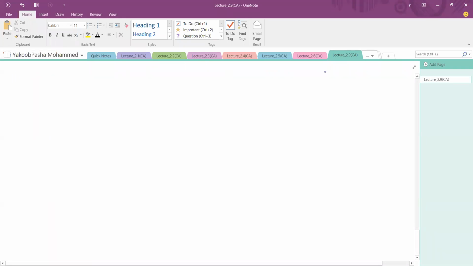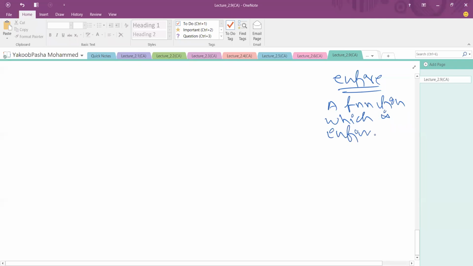Entire function means a function which is infinitely differentiable. Infinitely differentiable means infinitely analytic. Simply, a function which is analytic everywhere, that function is called the entire function.